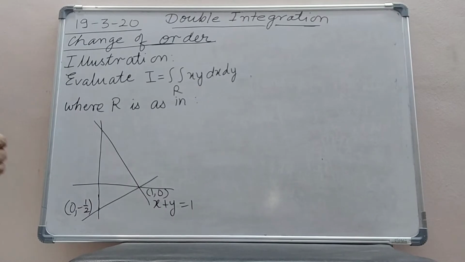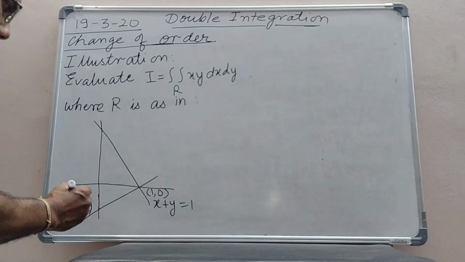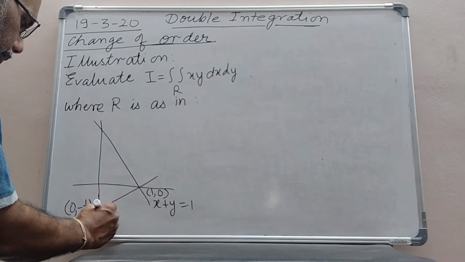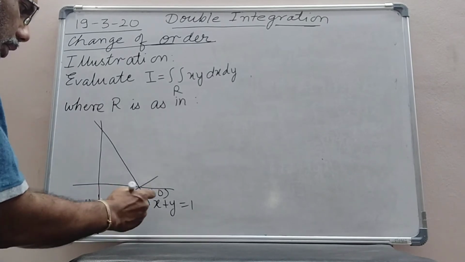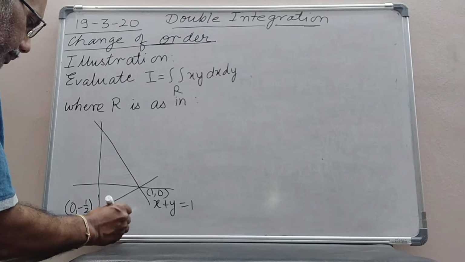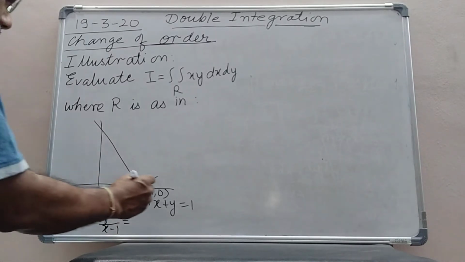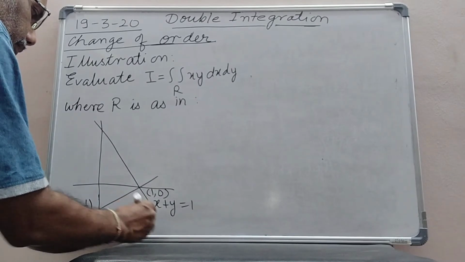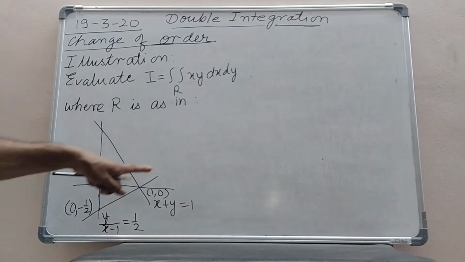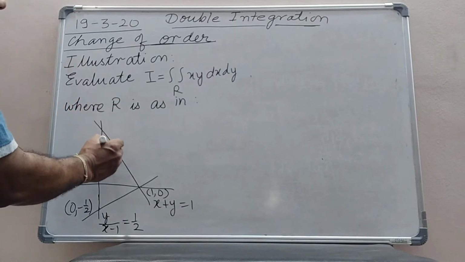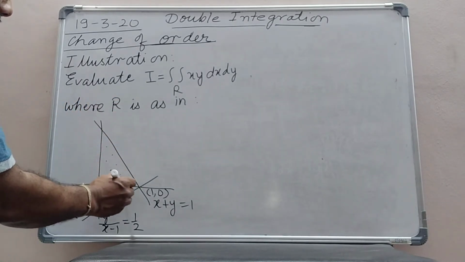The equation of this line is (y minus 0) upon (x minus 1) equal to half. So the equation of this line is y equal to half of (x minus 1), and the equation of this line is x plus y equal to 1. The region R is the collection of all these points.